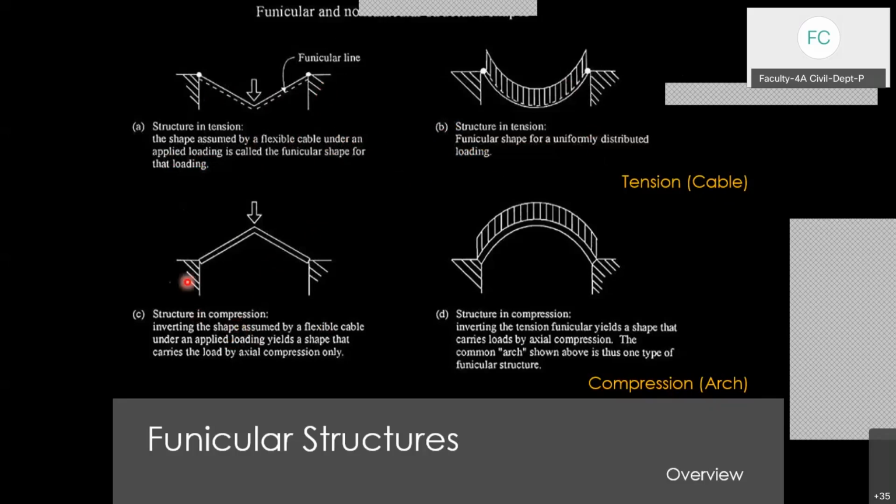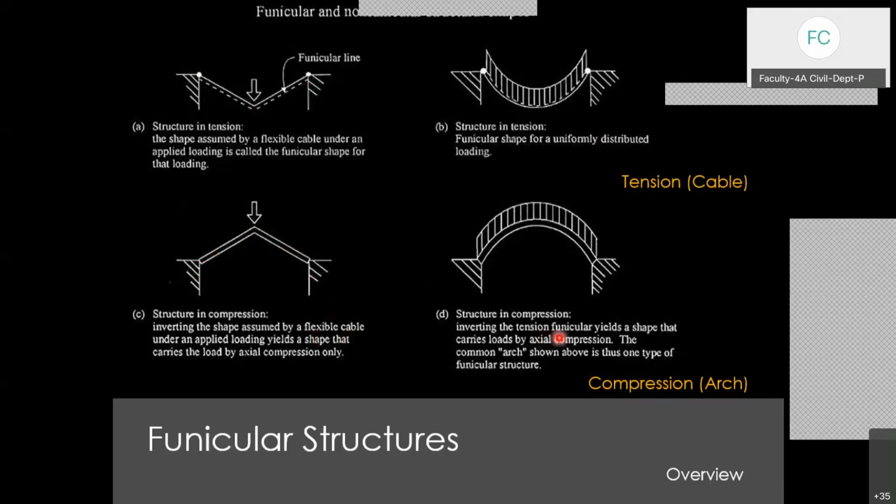But if you just look at this structure, this is in compression, and that is the reason. Earlier this structure was like this, and now this has become this. If you want to analyze it for the design part, for compression, you have to invert the shape.